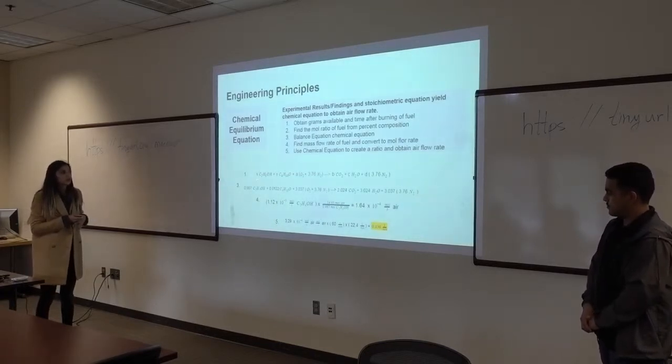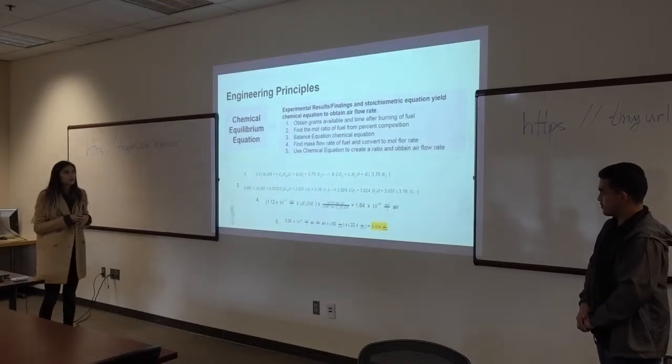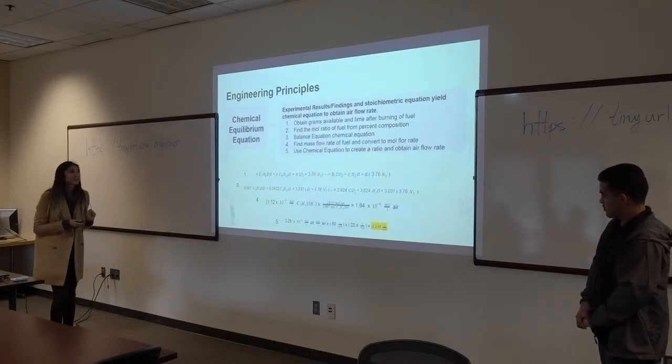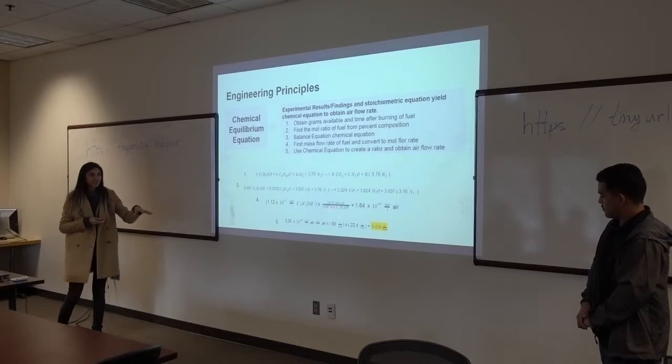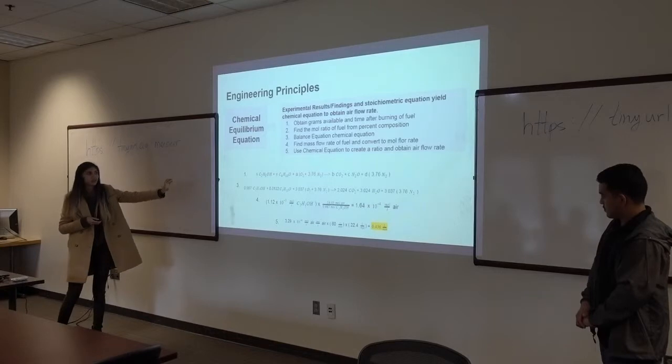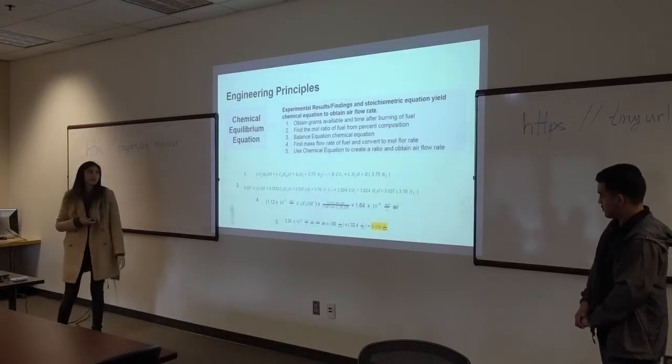We have an unknown amount of our fuel, and from experimentation we were able to get results to get these numbers, which are the coefficients, right? After you get the coefficients, you're able to use the mole ratio in order to get the airflow rate, and then the airflow rate in terms of liters per minute. This is how we found the airflow rate that goes into the chamber.